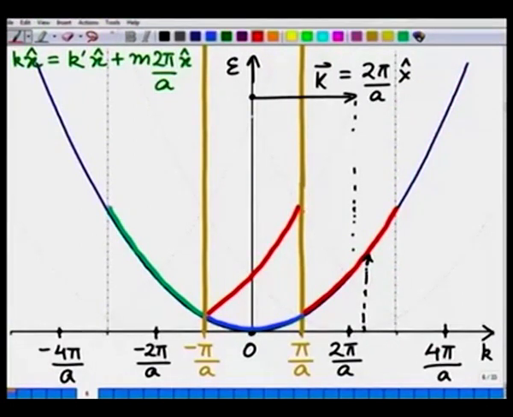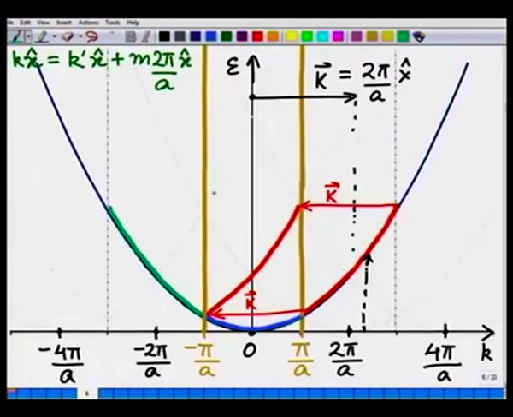This red curve therefore shifts from this point to this point by the capital K vector, and this point shifts to this point by the capital K vector. By capital K vector we can shift these 2 points.